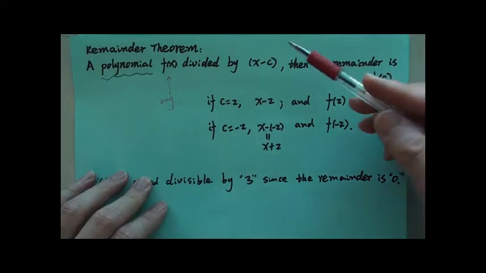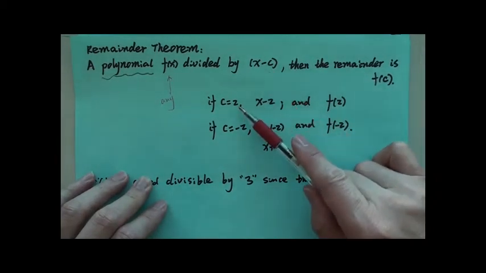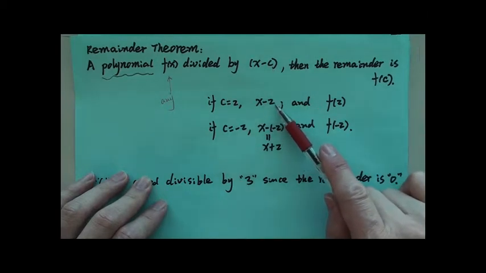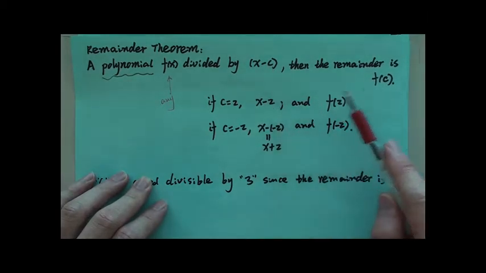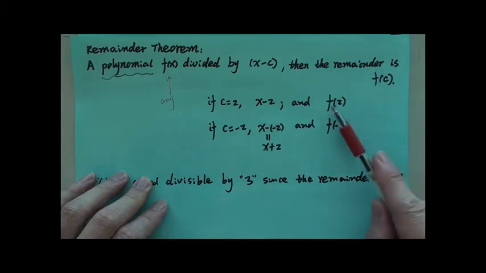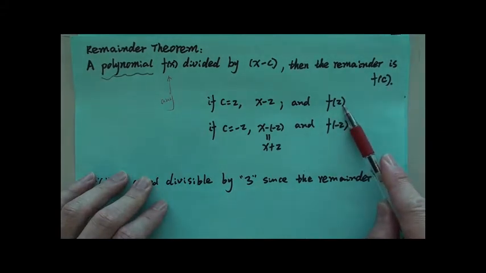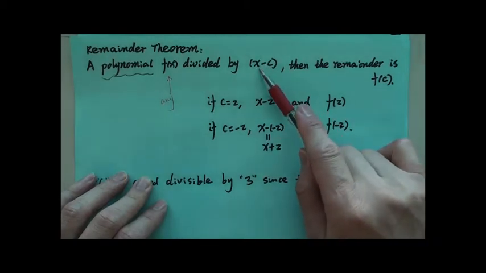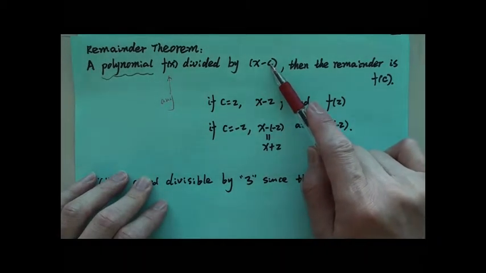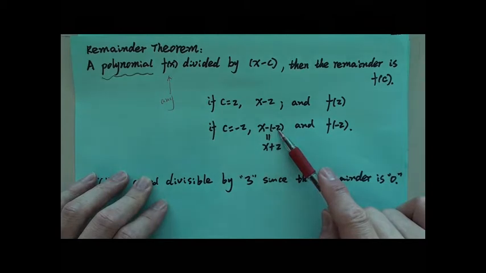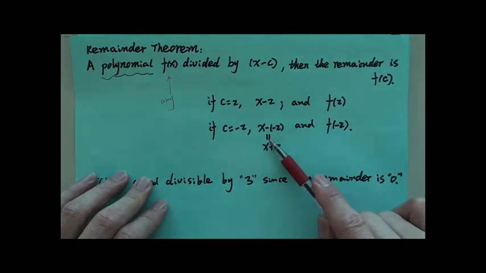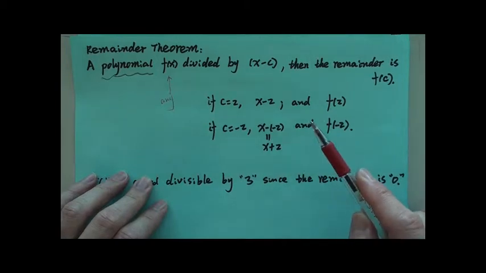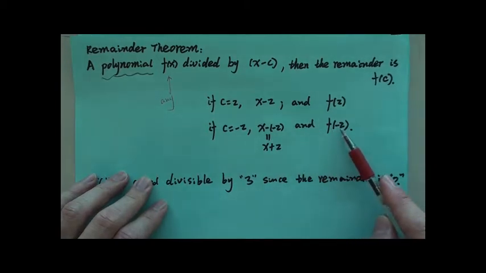And here c, if it's positive, then x minus c looks like x minus 2, and then f of c is actually f of 2. If c is negative, then x minus c is x minus negative 2, so we have x plus 2, and then here will be f of negative 2.